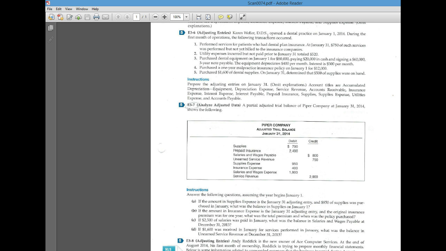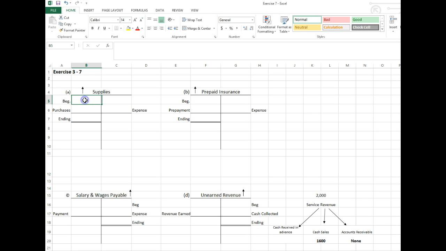Let's put all of that in our account. We know that the ending balance according to the trial balance is 700. They tell us in the narrative that they purchased 850. And we also know from the trial balance that they used 950.